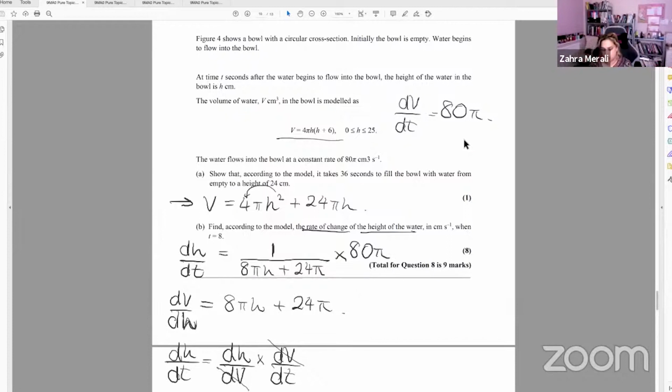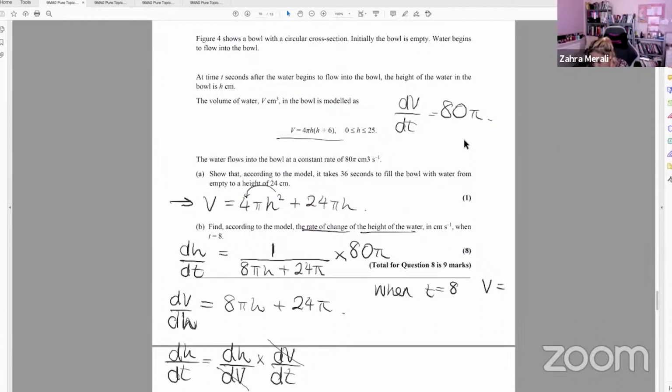Okay, so I've still got an h in there. I've got nowhere to put the t equals 8 in, but now I've got an expression for dh/dt. So now what I need to do is say when t equals 8, what is h? When t equals 8, I can work out what the volume is.